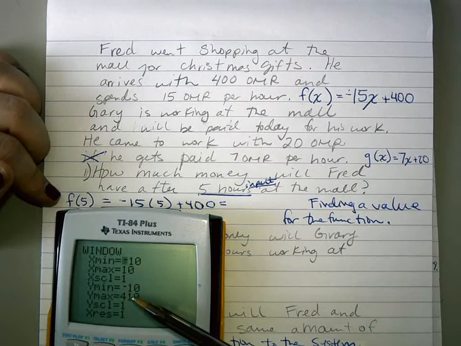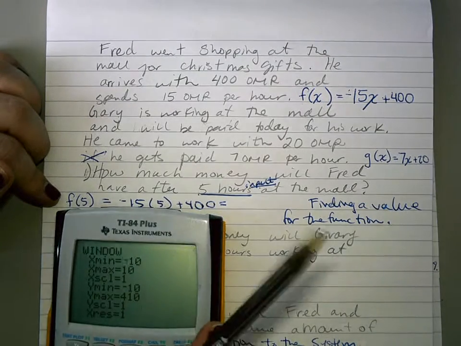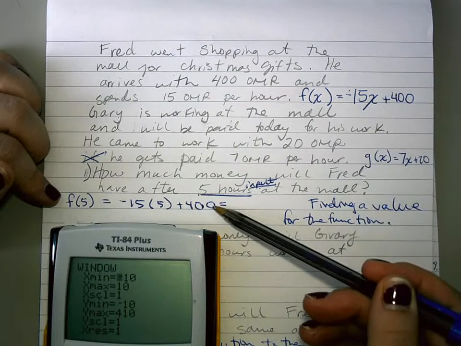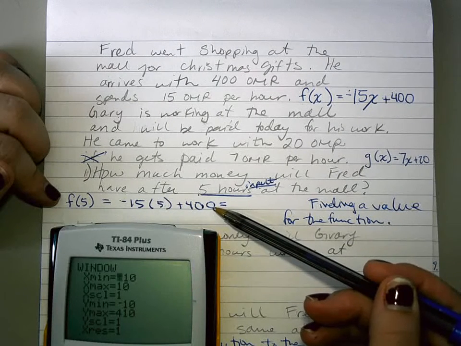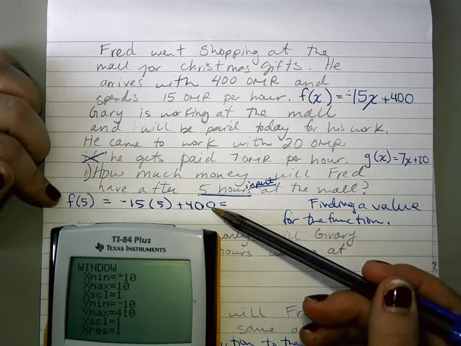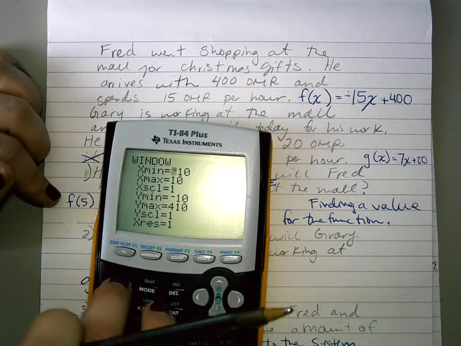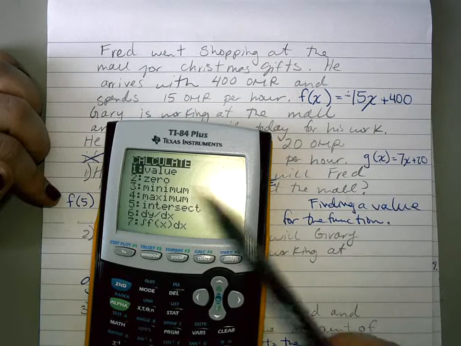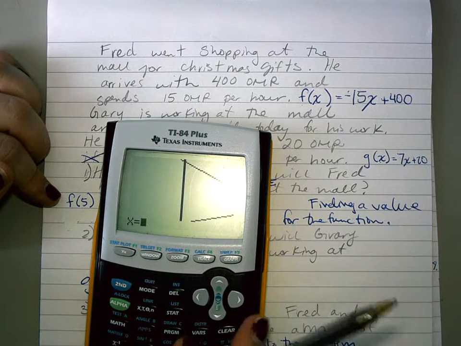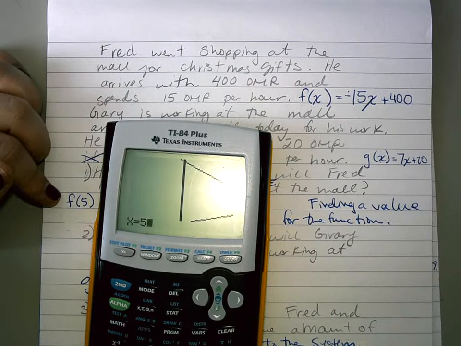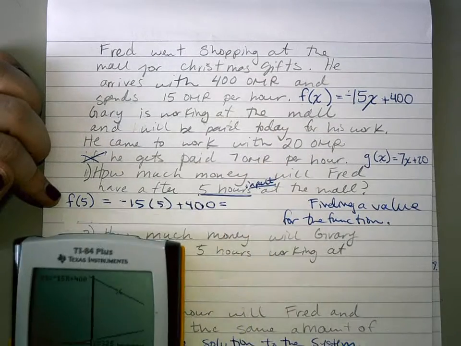It looks like it's standard, except the y max is 410 in order to accommodate the y-intercept of 400 for the situation. So we can calculate the value, and the input is 5, and the value is 325.